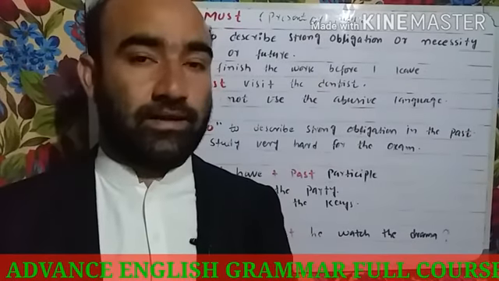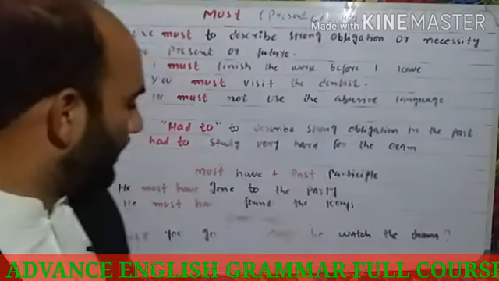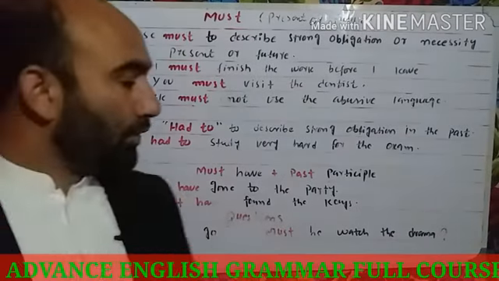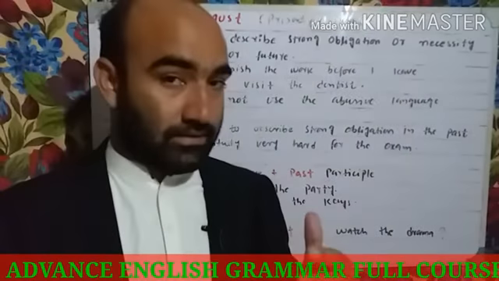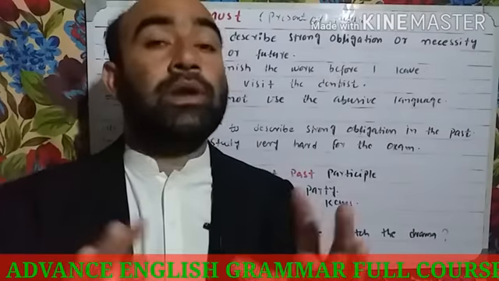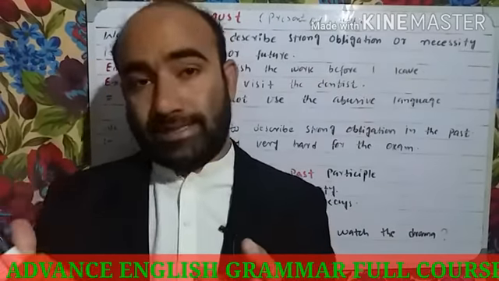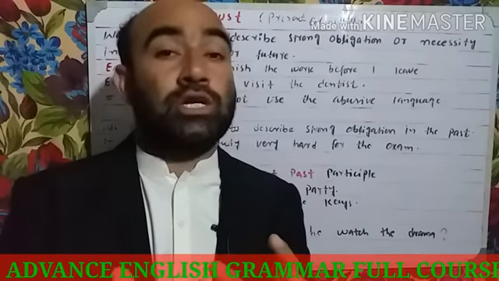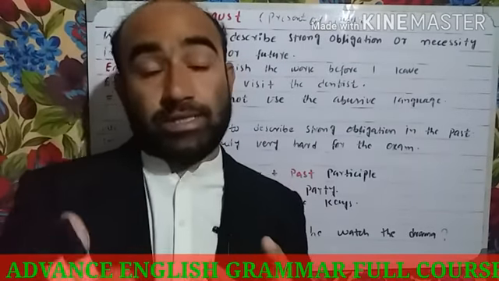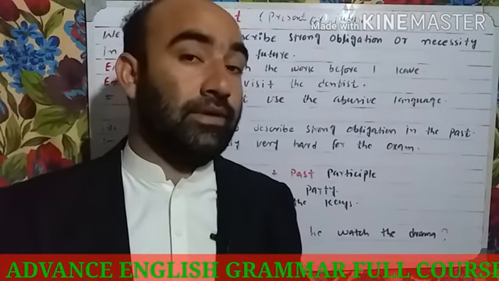Must have plus third form of the verb we use whenever you are talking about strong possibility in the past. For strong possibility, we use must have plus third form of the verb.